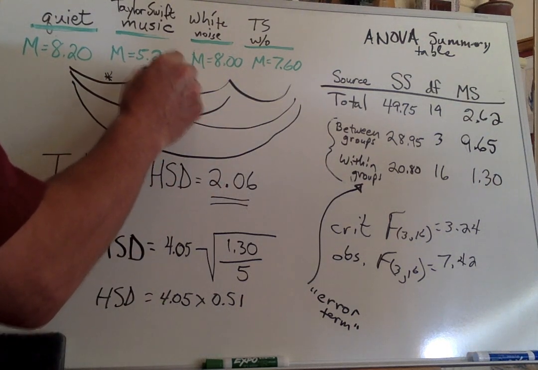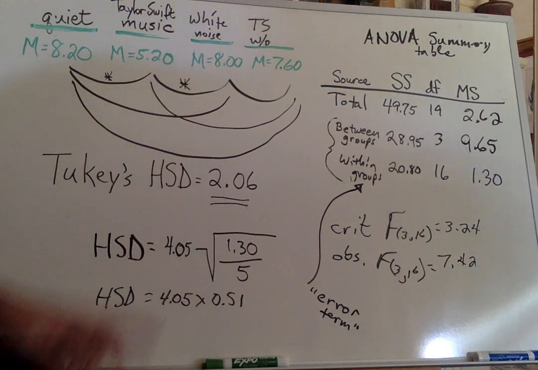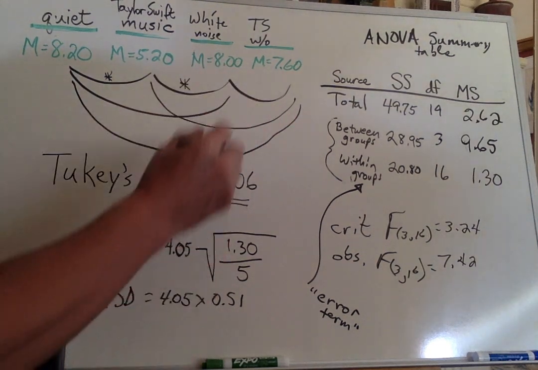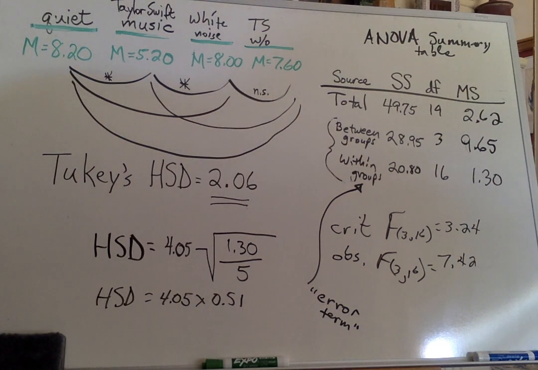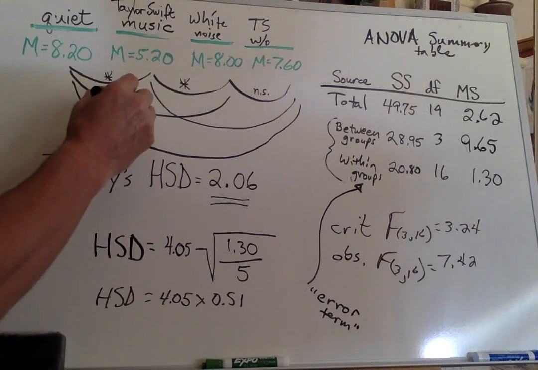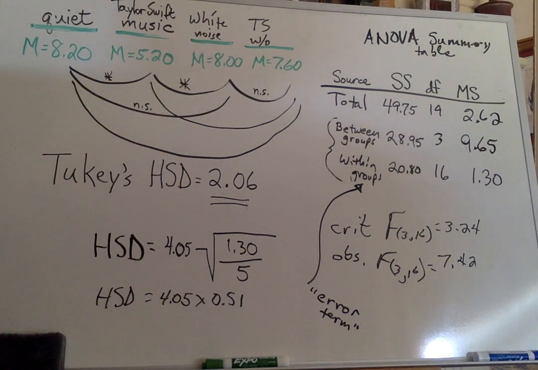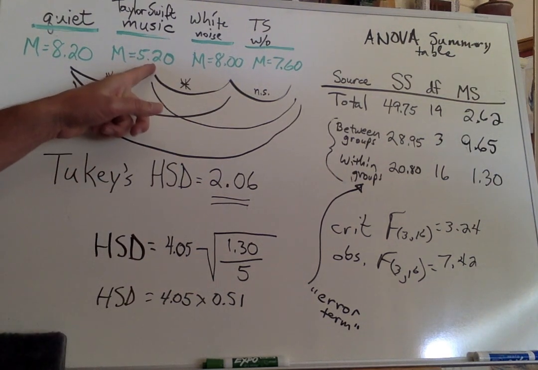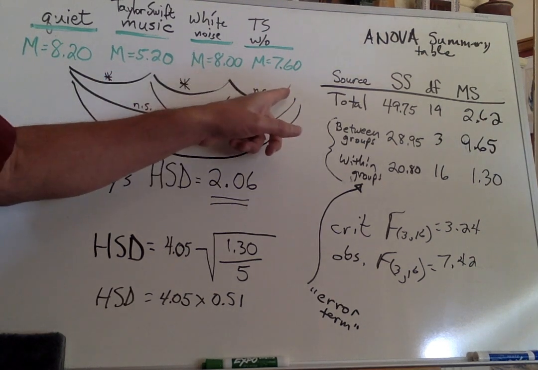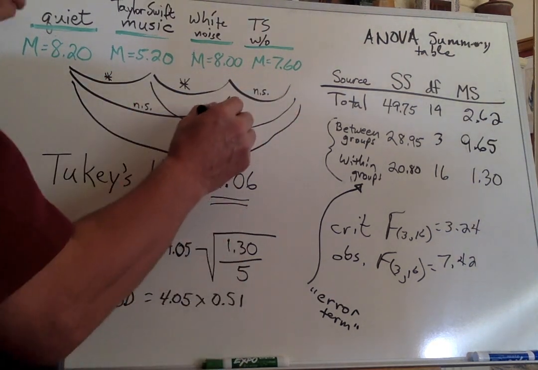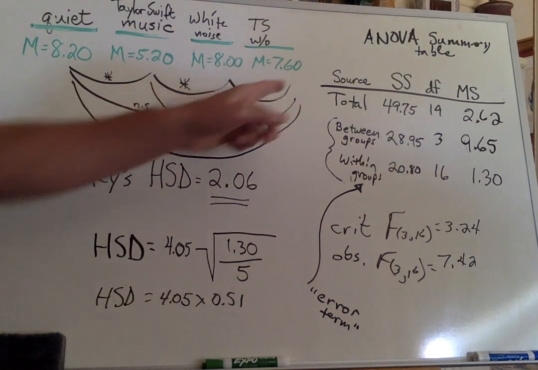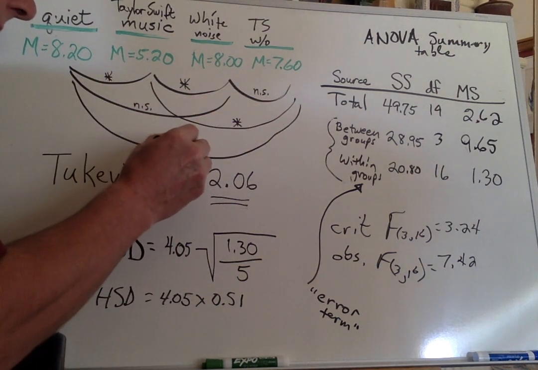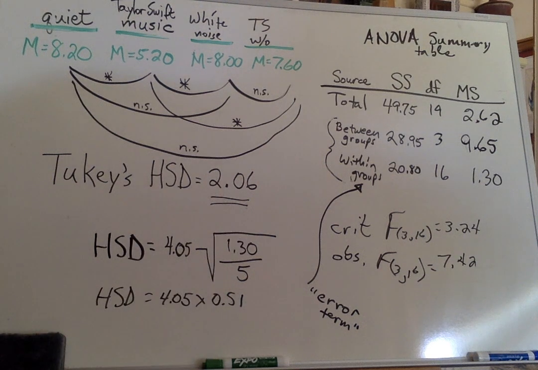Yes, they are. What about these 2 means? No, we're going to say not significant. How about this and this? Nope, not significant. How about this one and this one? Yep, that's different. And then this one and this one. Nope, that's not different.